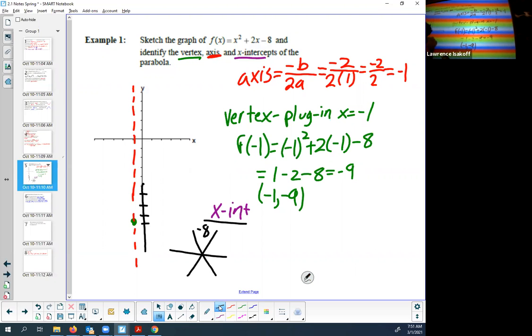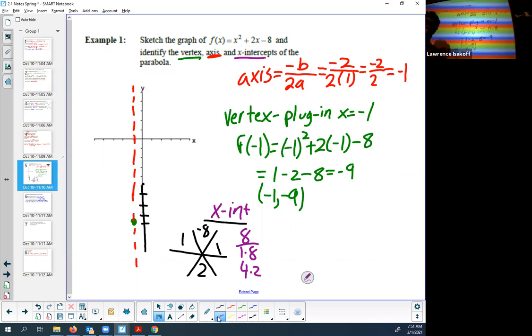It's a -8 up top, 2 on the bottom, 1 and 1 on the sides. So when I think about -8 or 8, that could be 1 times 8 or 4 times 2. Now, if I do 4 minus 2, that will give me a +2 here. -2 times 4 is -8. So my magic numbers are 4 and -2.